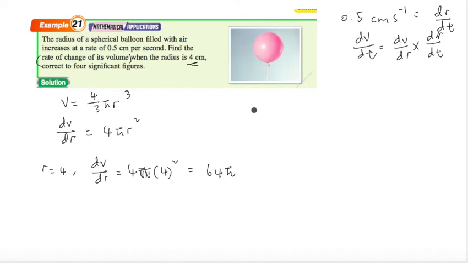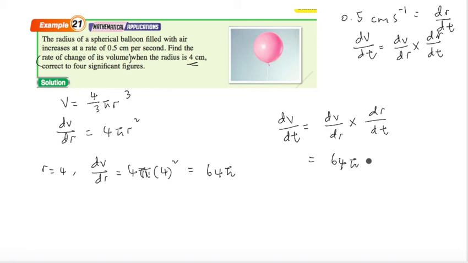So now what does the question want? dV dt. The question wants dV dt, like this. So here write dr, here dr. When r equals 4, dV dr equals 64 pi.